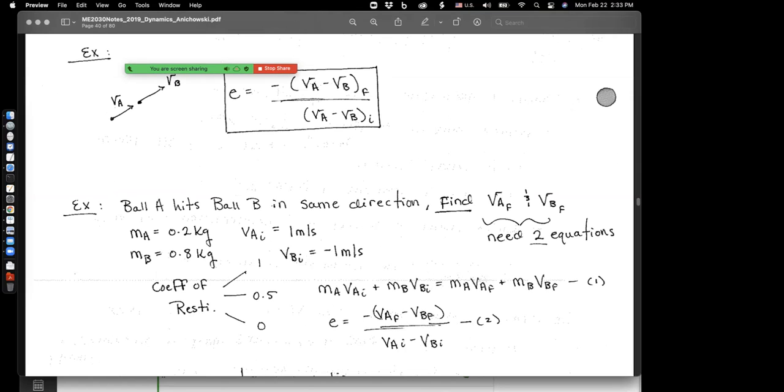So E equal to 0 just becomes equivalent to final velocities being equal, which you can plug in here. VA final equals VB final. So V final is just going to be the initial momentum divided by MA plus MB. So pretty straightforward. If E equals 0, that's the simplest situation.